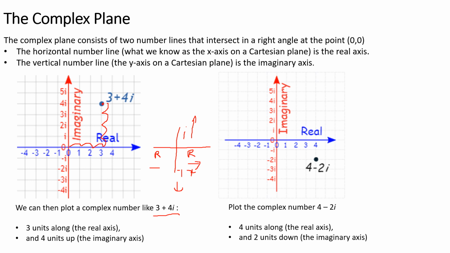I'm going to go 1, 2, 3, 4 on my real axis, and then it says minus 2i, so I'm going to go down. Minus 1, minus 2i. And there it is. So instead of an x and a y, we have a real and imaginary. And instead of x comma y, it is real plus imaginary.